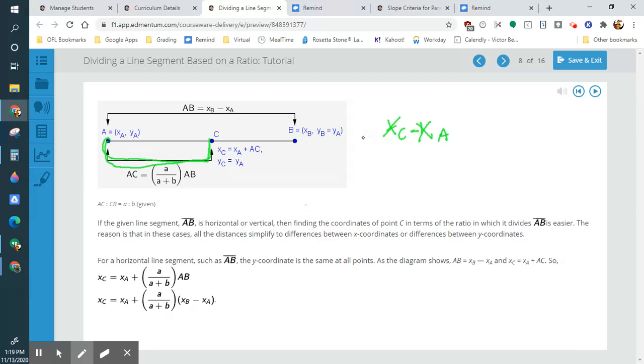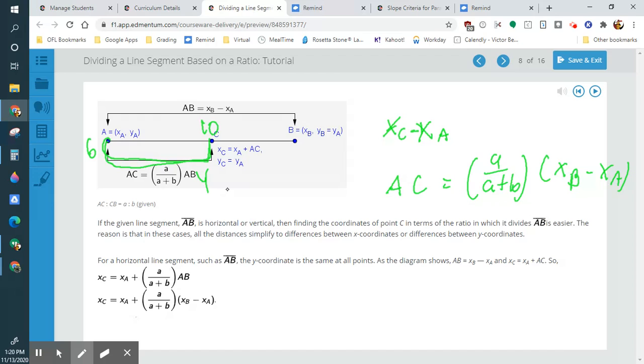So if I said this was like 10 and this was 6, then this right here had to be 4. That's all we're saying. So instead of writing it as AC equals this ratio, we're going to say it's the x value of B minus the x value of A.